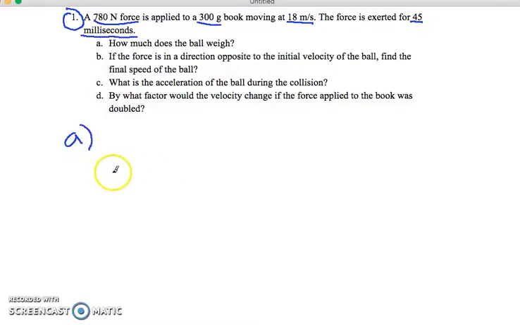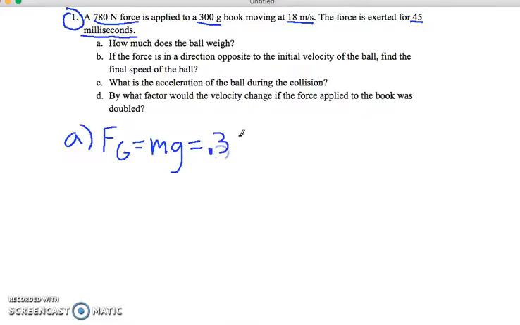So A is pretty straightforward in that it's really just asking what's the weight, what's the force of gravity. So the formula for force of gravity is the mass times the acceleration due to gravity. The mass says 300 grams, but that's not in standard units, so we're going to convert that to kilograms.